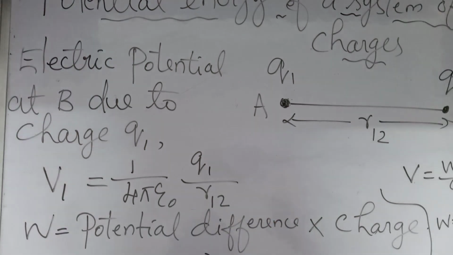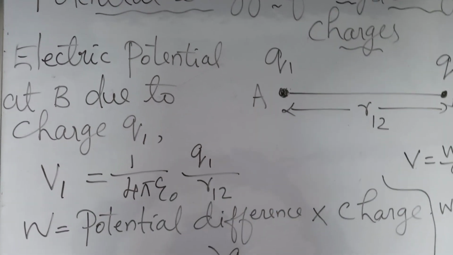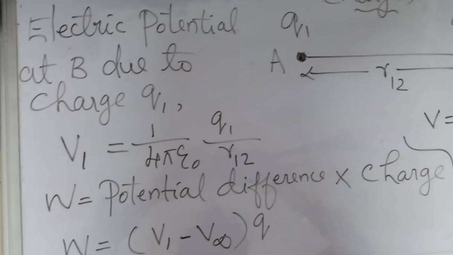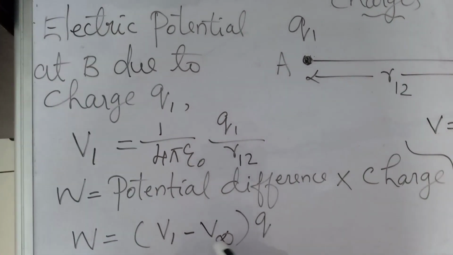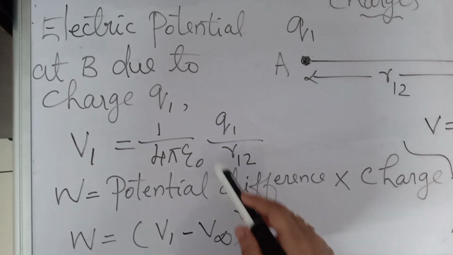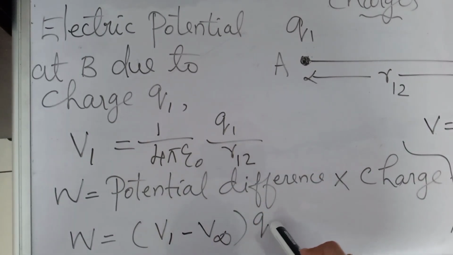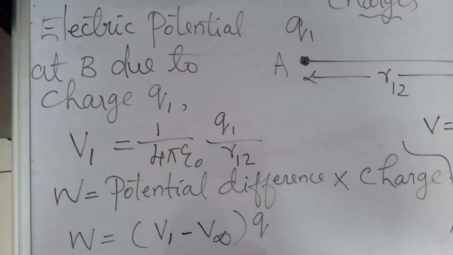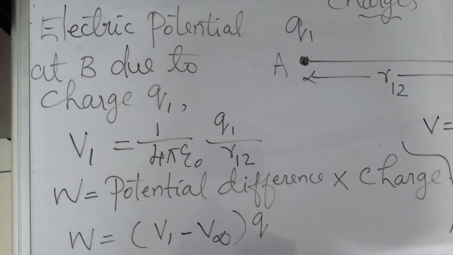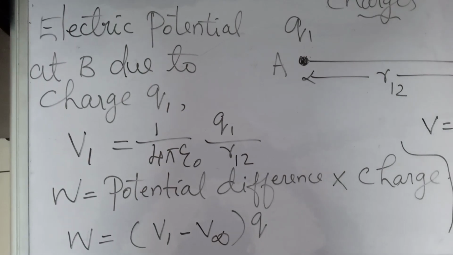Now we can find the work done. How can we find work done? W is equal to V into Q. That V means V1 minus V infinity. Here only V1 is there, into Q. So the charge is Q2, so W will be equal to V1 into Q2. V infinity was 0, right?